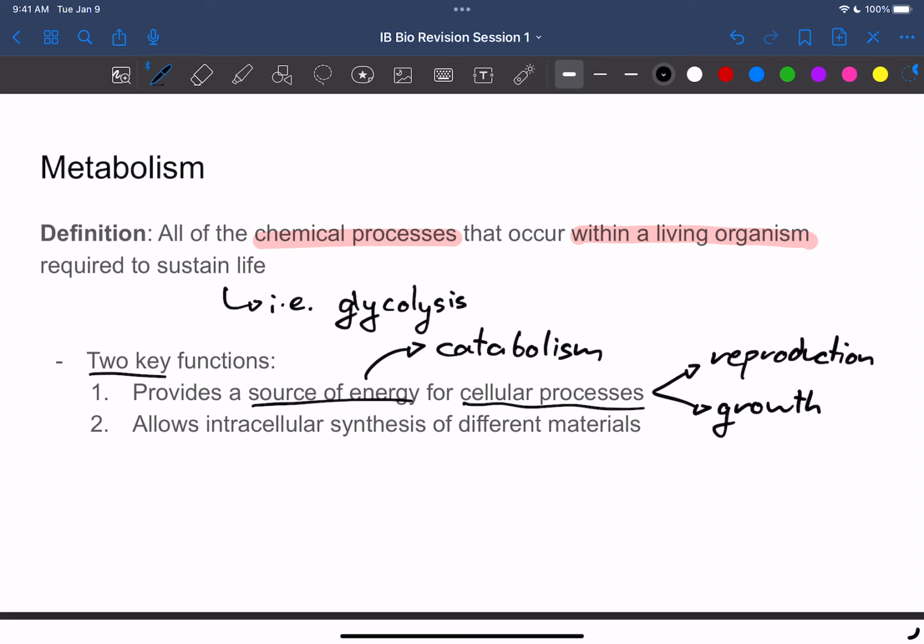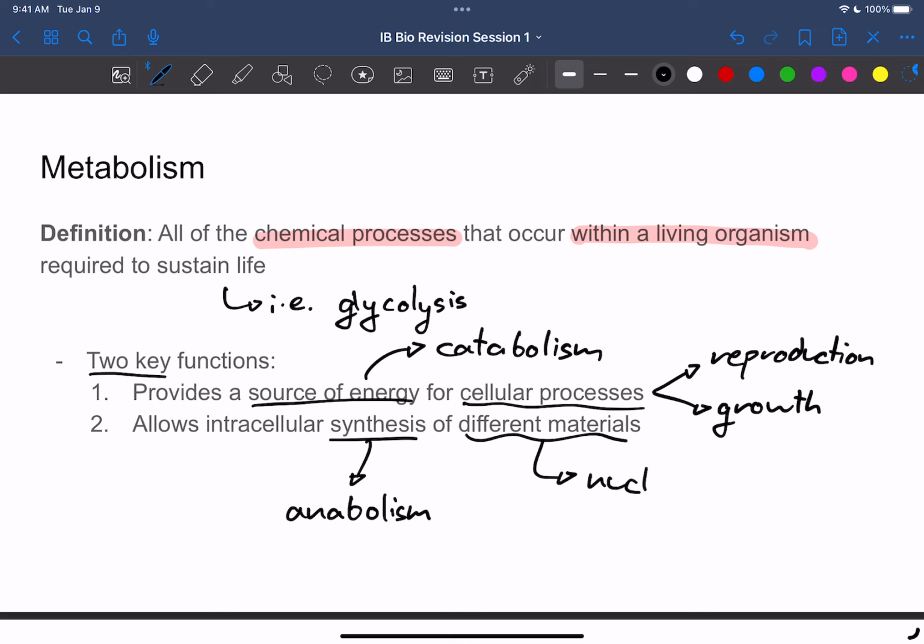The second function is it allows intracellular synthesis of different materials, and this is called anabolism. And what kind of materials? Well, we actually just covered them, a lot of macromolecules.